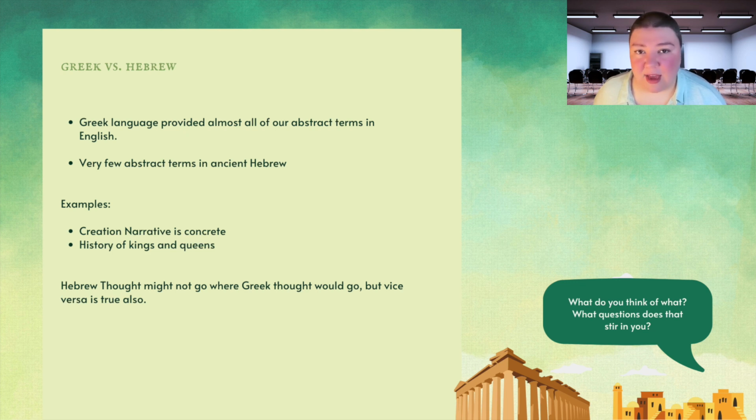What do you think of that? What questions does that stir in you? So the Hebrew world is concrete, specific, time-bound, and particular. It's not going to go to the places where Greek thought goes. And we might say, oh, that's a pity. But of course, the other side of that coin is that Greek thought rarely goes to the places Hebrew thought goes to.